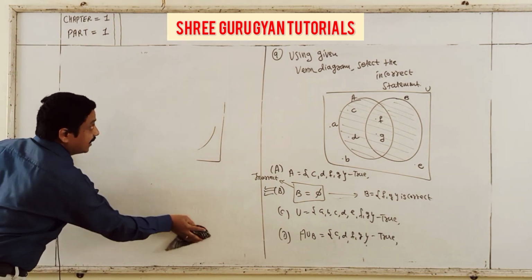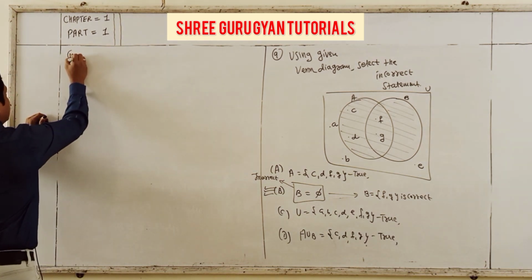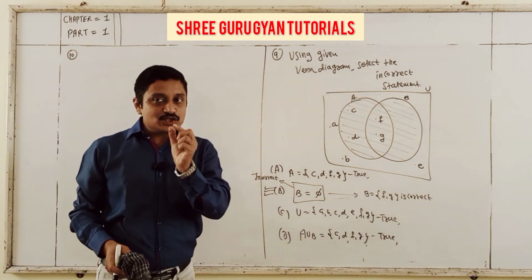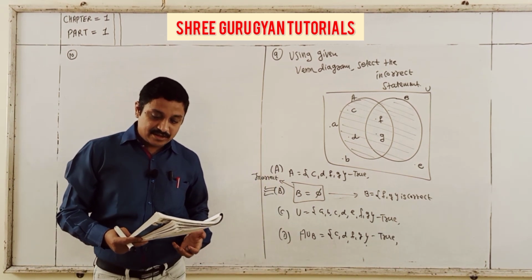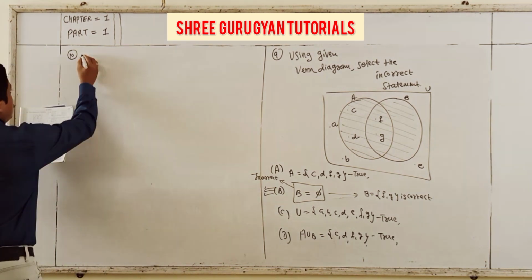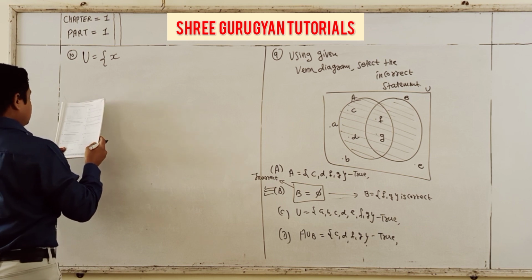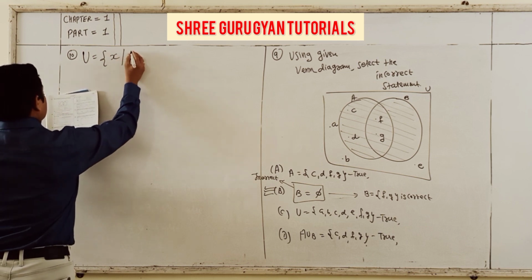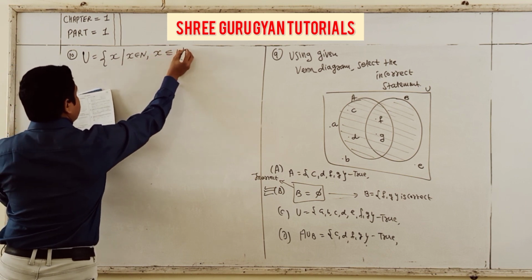Now I am going ahead, moving to next question 10. Today I am taking very short numericals related to your set theory. Now continue. U is a universal set, x such that x belongs to N and x is less than 10.